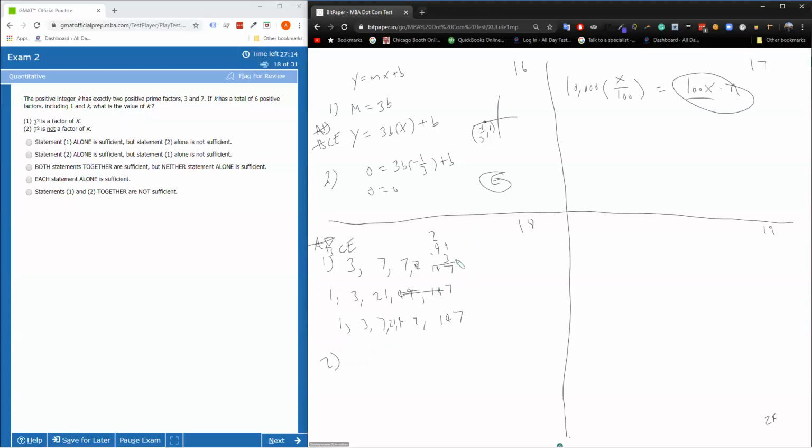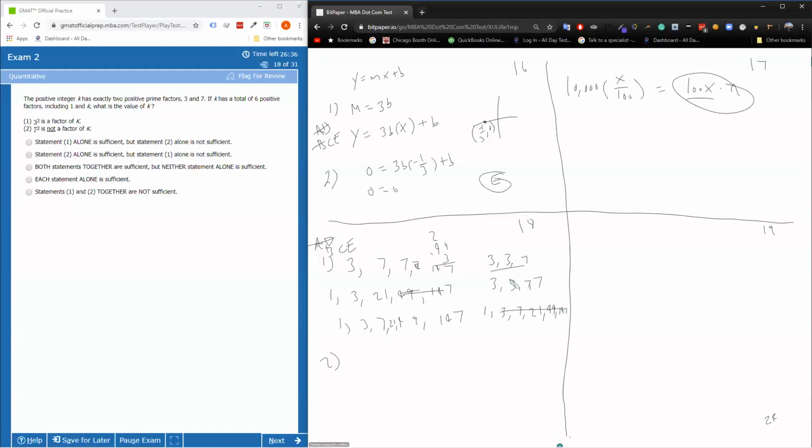Oh, crap. 3 squared is a factor of k. I read that wrong. So this is not going to be sufficient, because it could be this, or could it be something like this, which would be 1, 3, 7, 21, 49, 147.